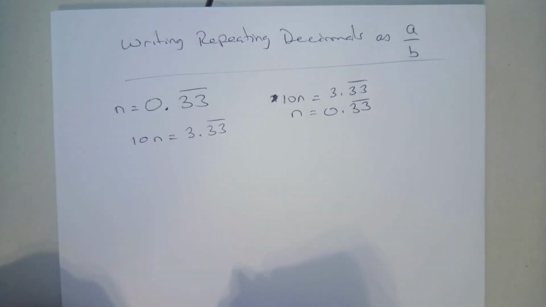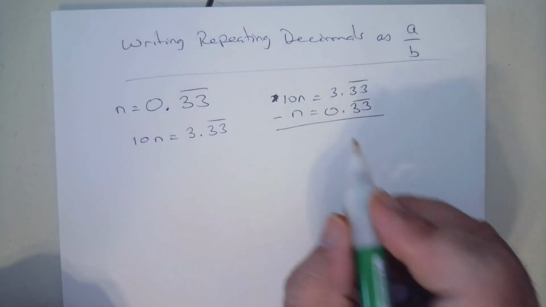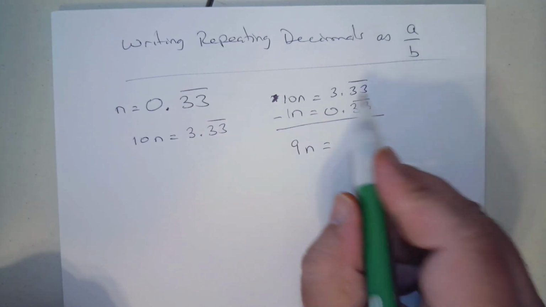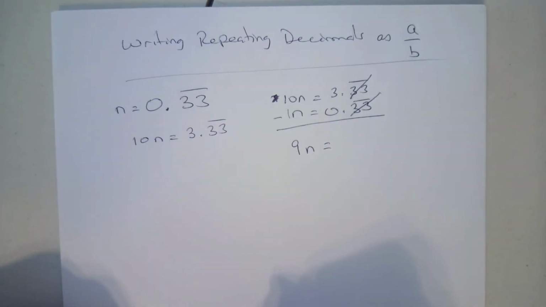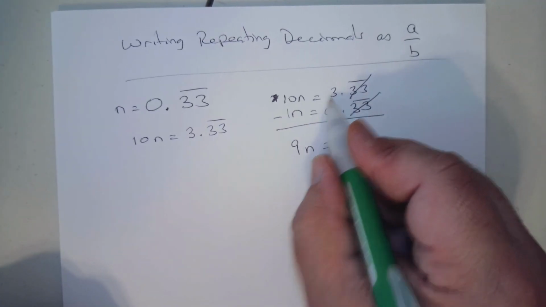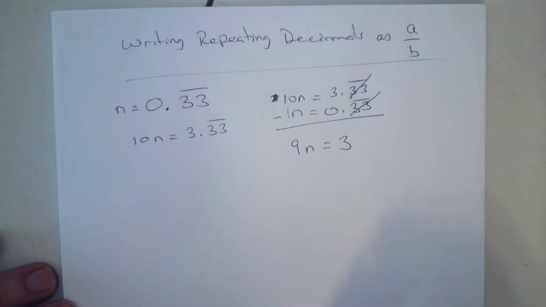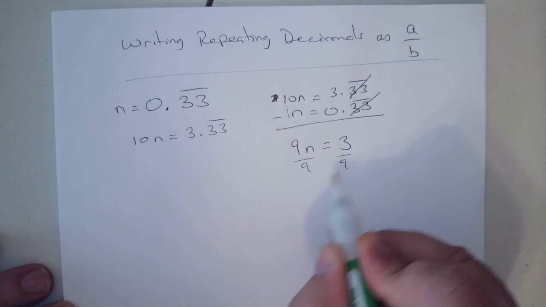That's a mistake. So if I subtract them, what happens? 10n minus 1n is 9n. What happens here is these two cancel out, no matter how long they are. So I have 3 minus 0 is 3, divided by 9.